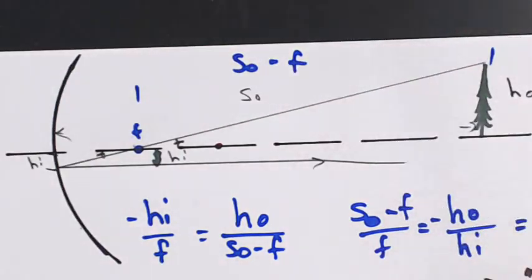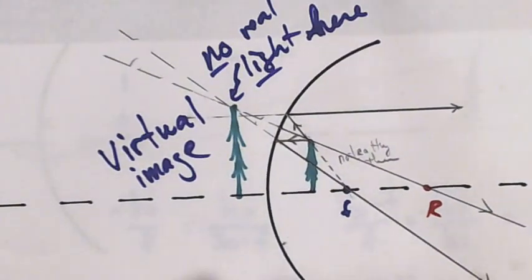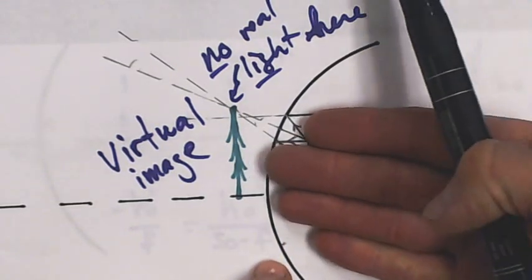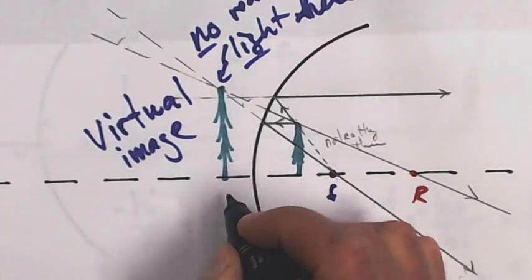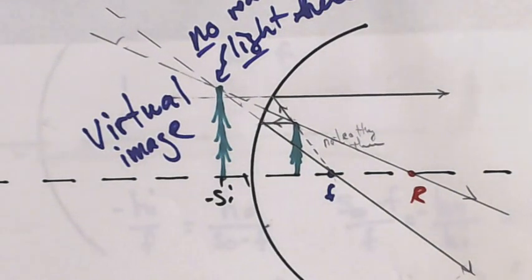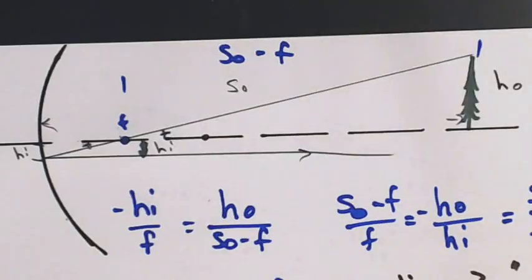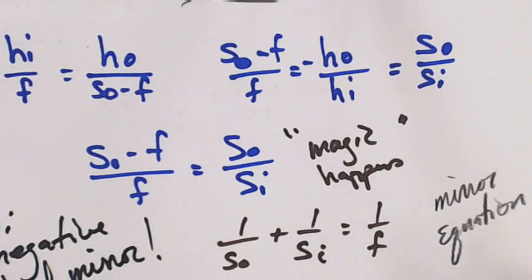When we had our other images, our virtual image from earlier, notice the light is coming this way and our image is behind the mirror. So this image distance would be negative. So there you go. That is your mirror equation.